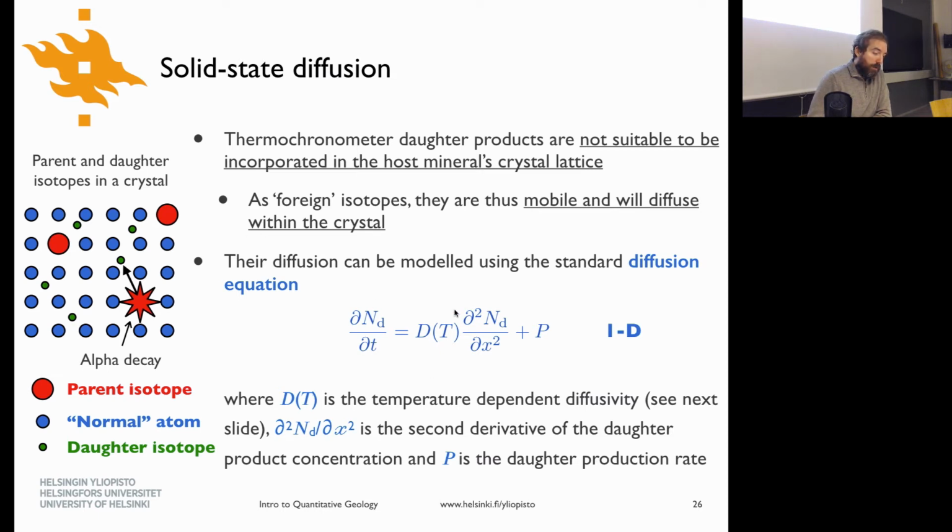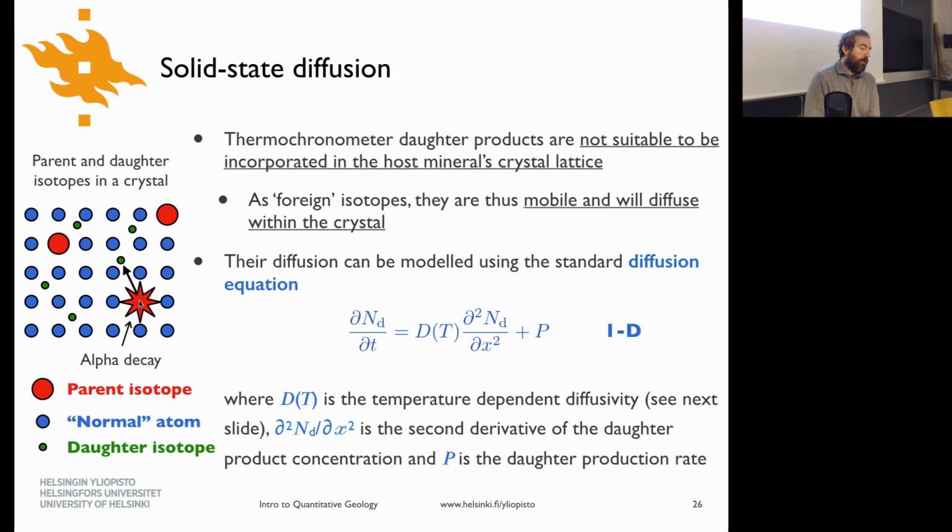So we can use a diffusion equation for this, where we would say that the time change in concentration of the daughter isotope here is equal to the diffusivity. So this is the temperature-dependent diffusivity, which we'll come to in the next slide, times the curvature, or the second derivative, of the concentration of the daughter isotope, plus some production function P, or the production rate P. So you can see kind of a picture here in general of what this looks like.